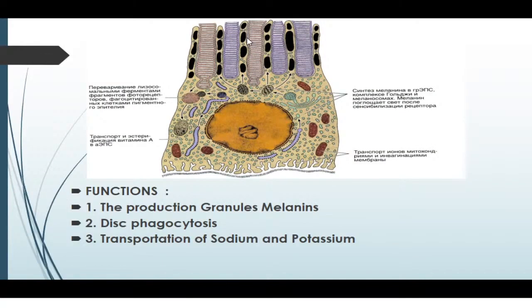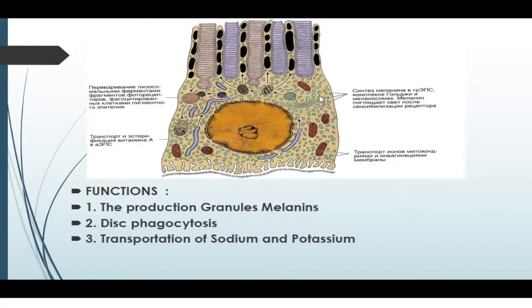In this schematic diagram, we can see well how the pigment epithelial cells phagocytose the outermost segments, the discs of cones and rods. Also well visible is the production of granules of melanin.